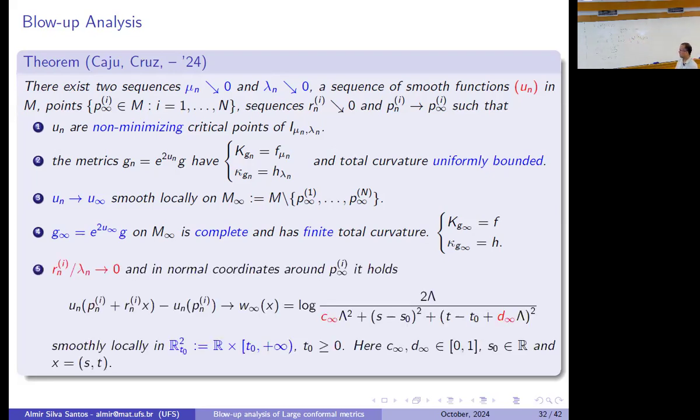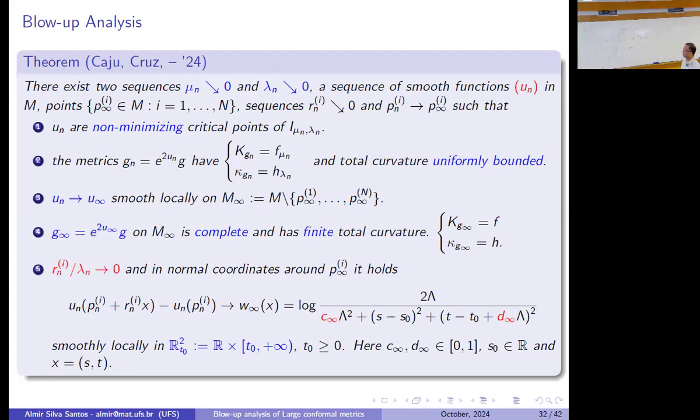And you give a precise description of the limit, of how this convergence happens when un goes to u infinity, on the neighborhood of the point, which is given by this last item 5.